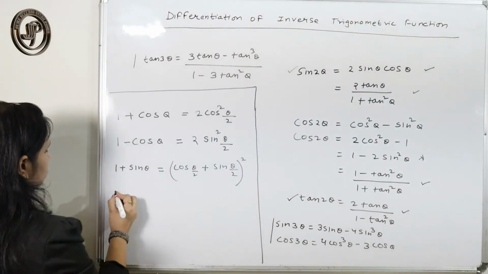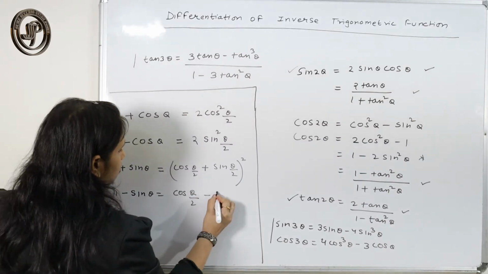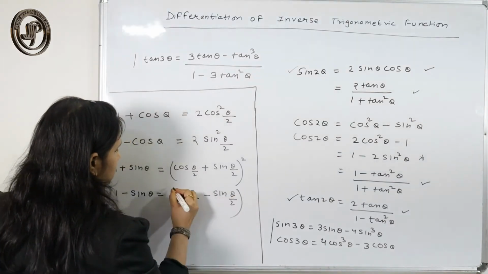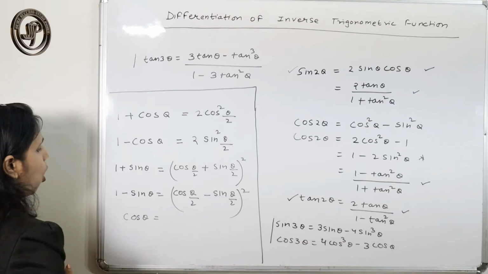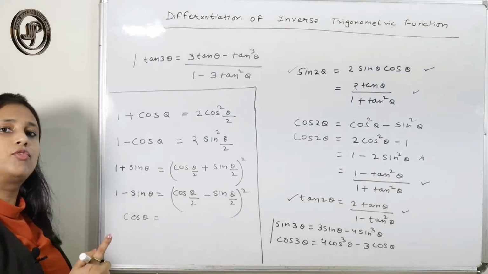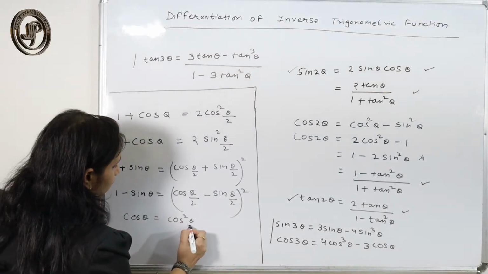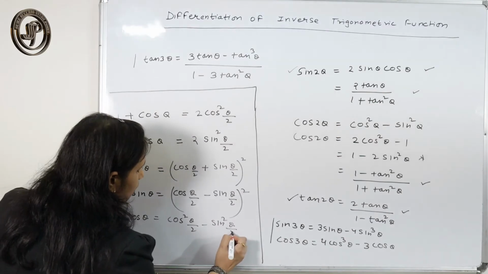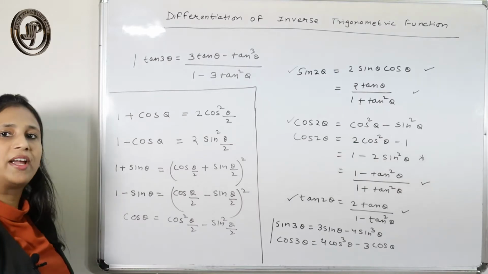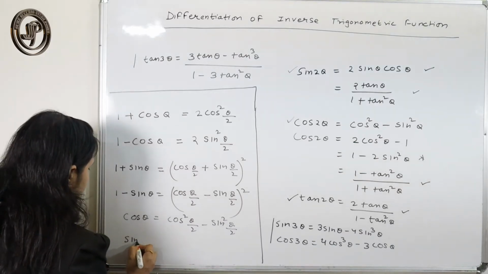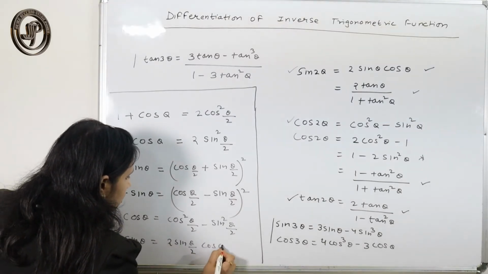The next is 1 minus sin theta. Same thing you can do here also, so you will get this result. The next is, whenever there is cos theta only and you have to write it in terms of theta by 2, in that case you apply this formula that I have derived. Cos 2 theta is cos square theta by 2 minus sin square theta by 2, and sin theta will be 2 sin theta by 2 cos theta by 2.